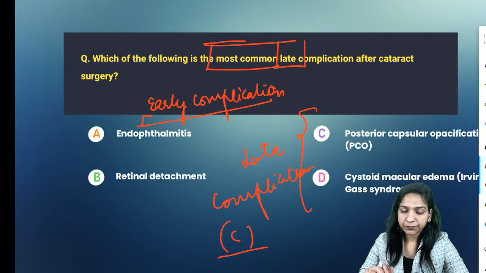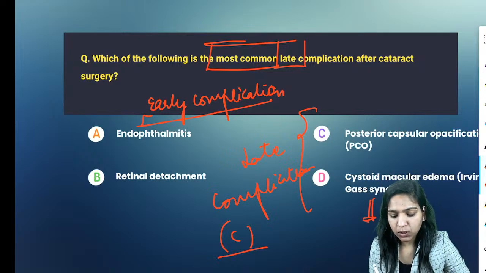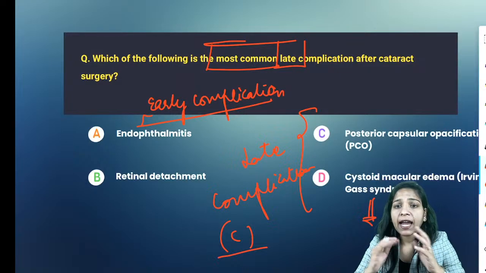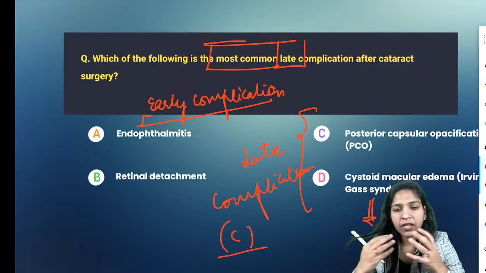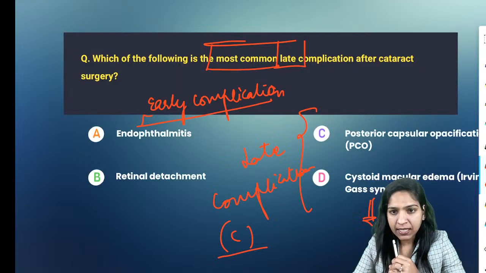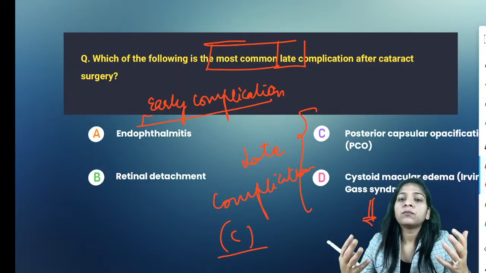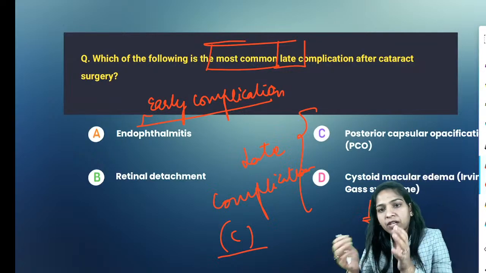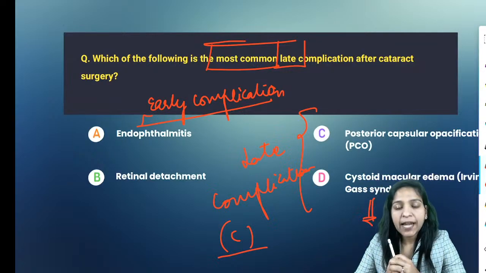Cystoid macular edema is also a late complication. In a case of cataract surgery, if there is cystoid macular edema, we call it Irvine-Gass syndrome. But it is not the most common complication, though it is definitely a late complication after cataract surgery.